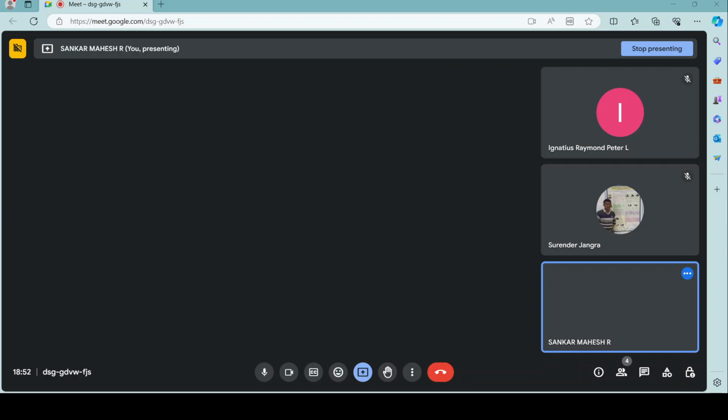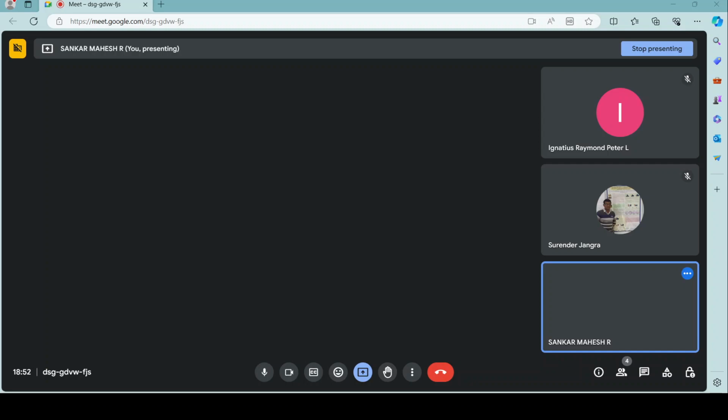Let this be the second one where this alone is colored. Here, this alone is labeled. Then here, this alone is labeled.